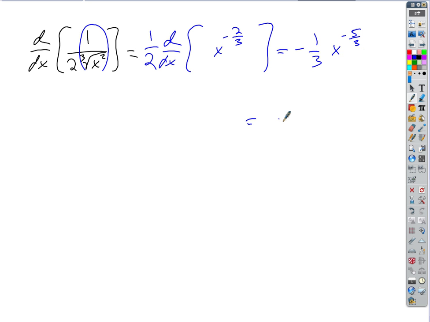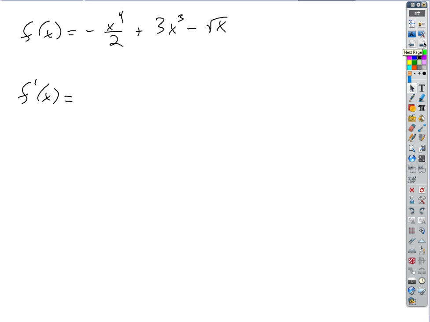So we could write that as negative 1 over 3 times x to the 5/3, or if we really wanted to, we could write that as the cube root of x to the 5th. But it's really fine to just leave it as x to the 5/3 on the bottom too. Okay? Make sense? So these all look pretty tricky at first, but if you're clever about it and you rewrite the function to fit the form of the power rule, they all become pretty simple.